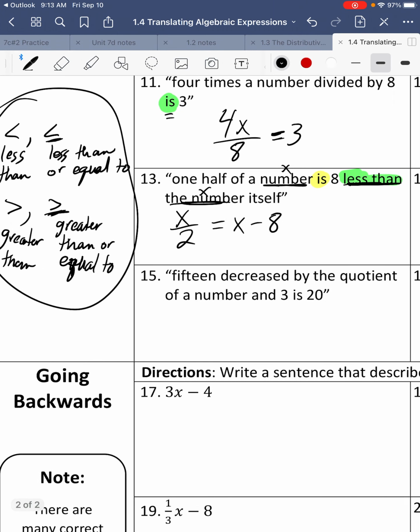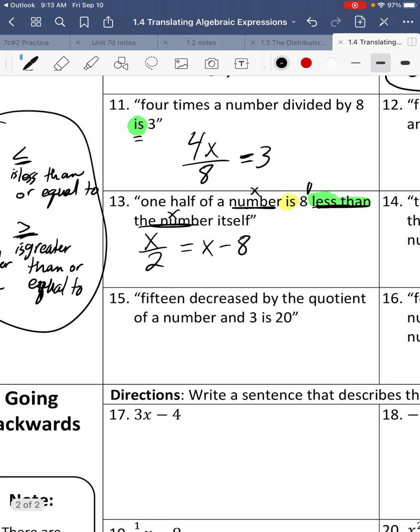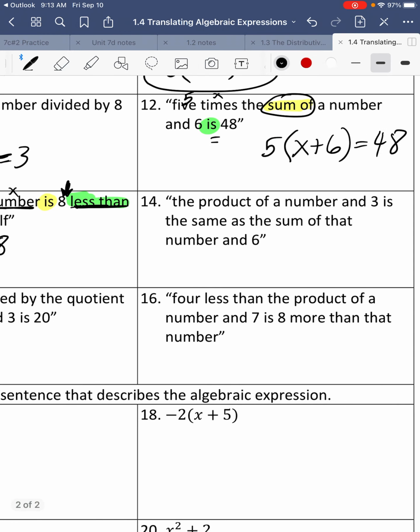I guess the difference, these should be is less than, is greater than, and that's why it kind of is confusing. There'd have to be an is right here for it to be an inequality.